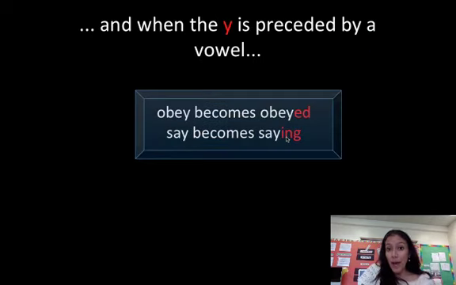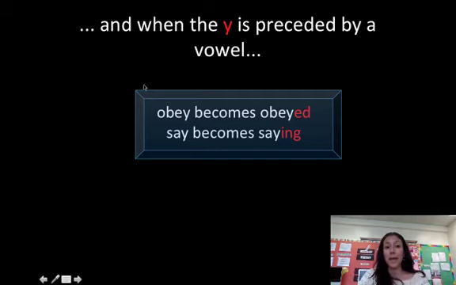And when the Y is preceded by a vowel, do you guys know what preceded is? I guess not. Well, take a look at this. The Y is right there, and it's preceded by a vowel. You guys know what vowels are, right? A, E, I, O, U are vowels, vocales. Okay? So take a look at this verb.